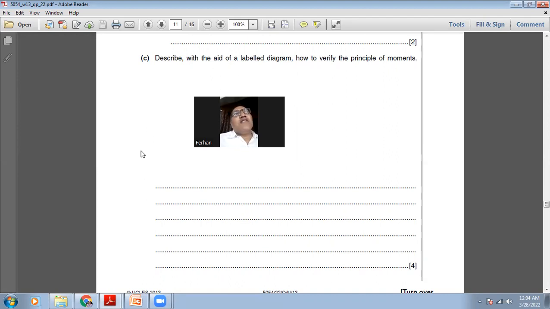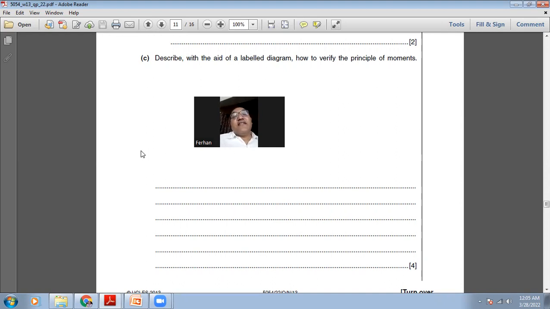Then you note down the distance of weight 1 from the pivot, and the distance of weight 2 from the pivot, and then you multiply weight 1 with distance 1, and you multiply weight 2 with distance 2.